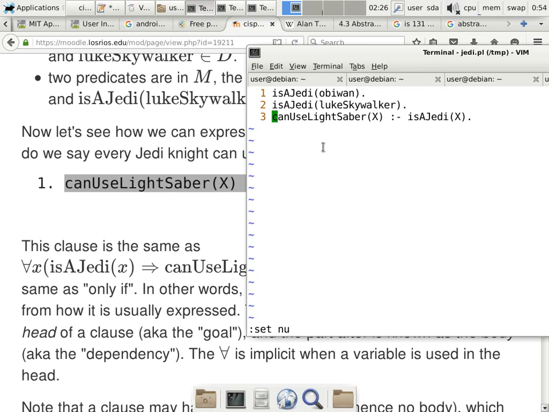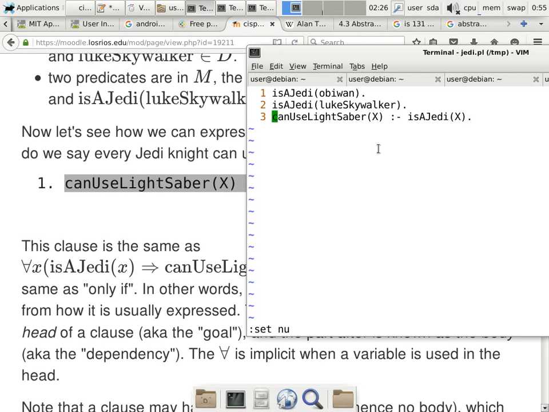It is basically saying for all x in the universe, is a Jedi x implies can use lightsaber for the same element of the universe. Let me say that one more time. The implication is the other way around. It is the right-hand side that implies the left-hand side.